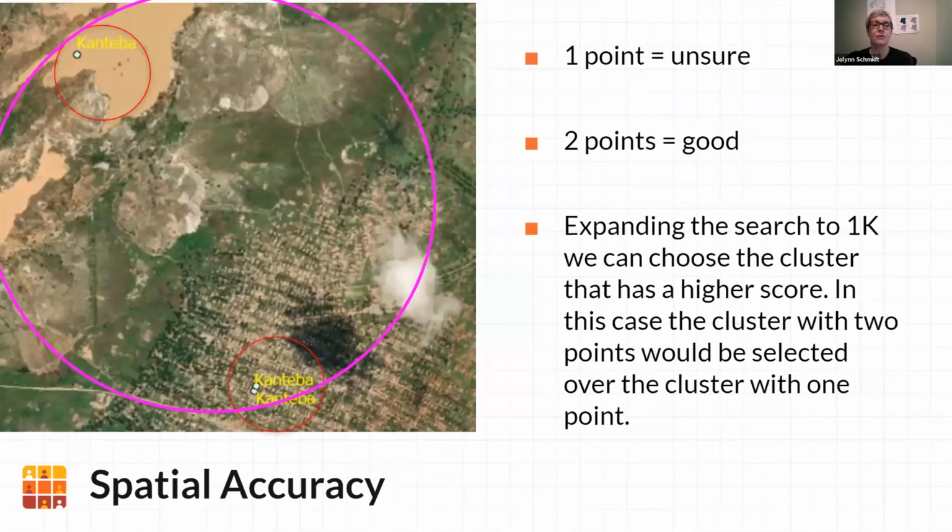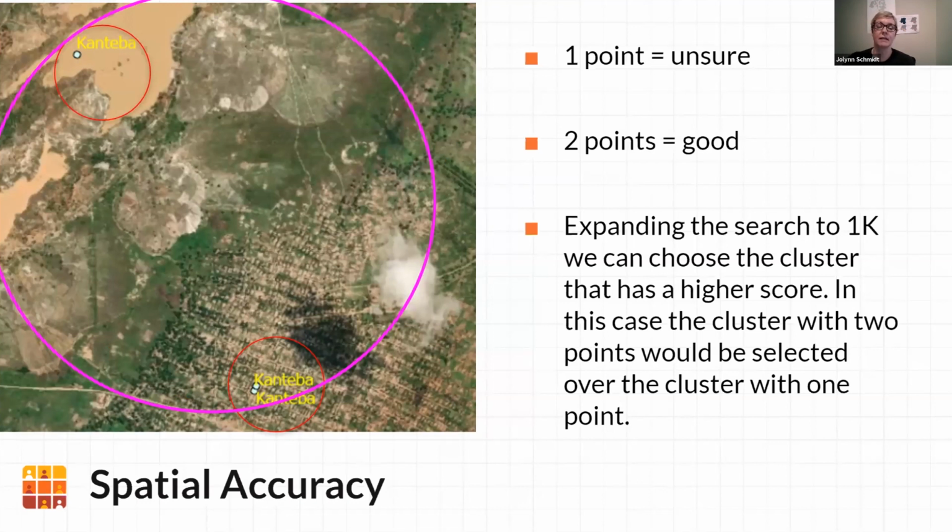But then let's get back to the scenario where I have two clusters and I still need to pick the best one. So what I do is I start looking for duplicate entries within 1 or 2 kilometers of each other. And going back to the score I gave them, I'm going to pick the cluster that I feel most confident about.